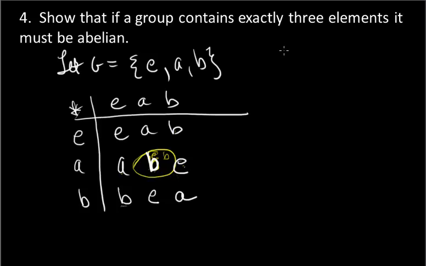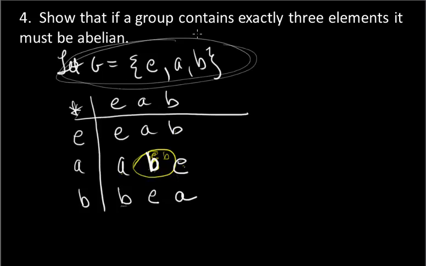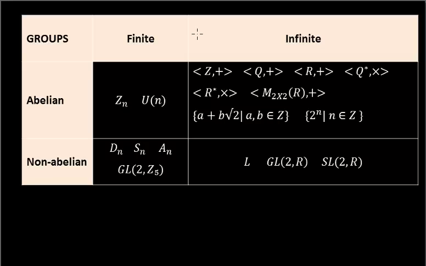So there is only one way to fill out the table, and therefore there is simply only one group, essentially, of order 3. Might have different names, different operation, but the group table would always look the same.